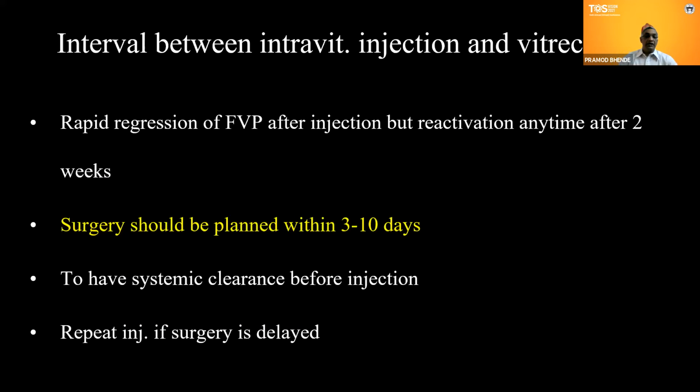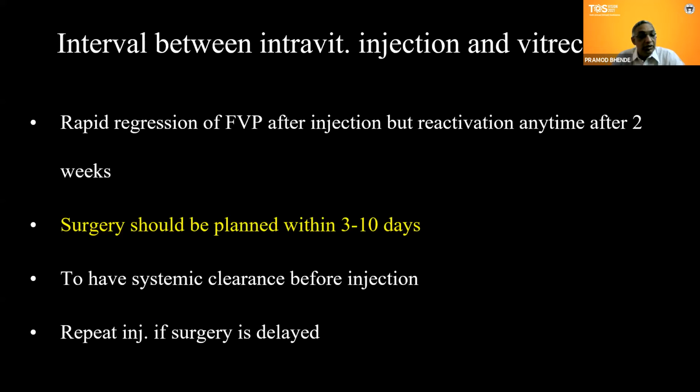But what you need to understand is anti-VEGFs cause rapid regression of fibrovascular proliferation after injection, but reactivation can occur anytime after 2 weeks. So you need to choose the window when you want to inject anti-VEGFs for surgery, and preferably the window should be somewhere between 3 to 10 days.